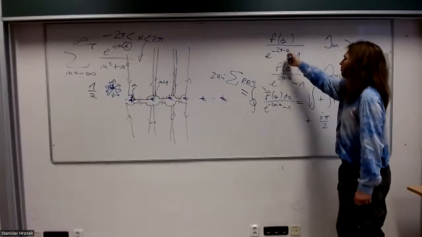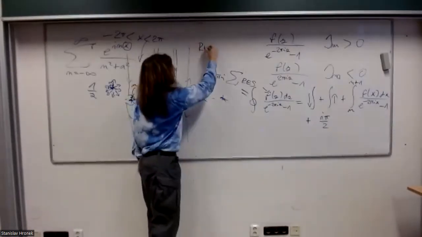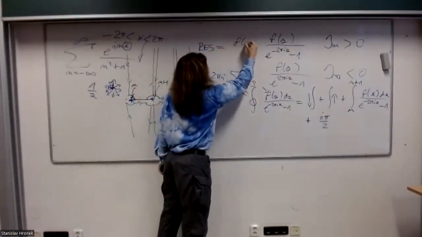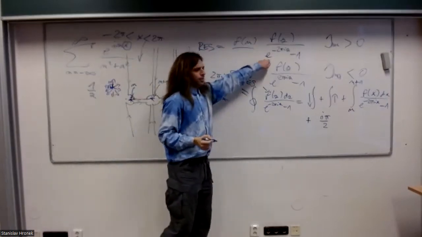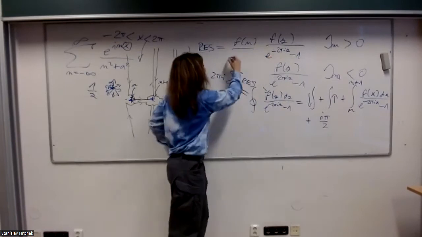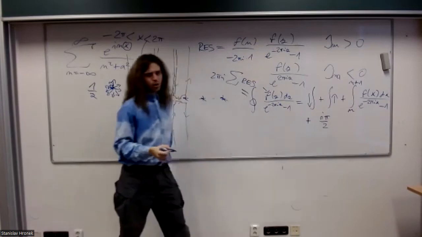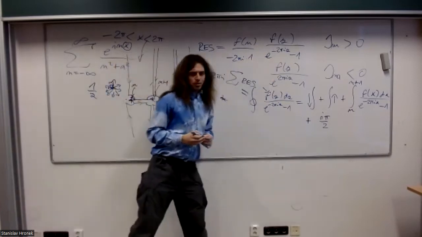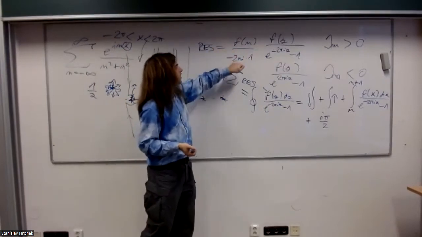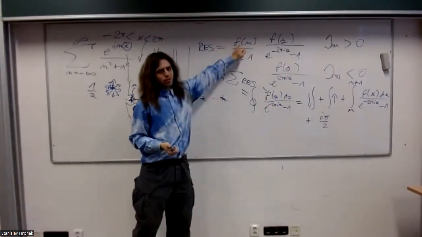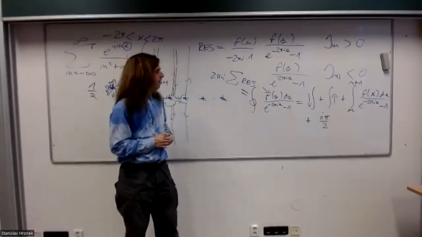We could just differentiate the denominator, and we will find that the residue is just f in the particular point over the derivative. And while we differentiate it, we get minus 2 pi i, and then the exponential, which gives 1, and the 1 goes away because it's a constant. So when we make it a residue, we get just the value of the function in that particular point divided by minus 2 pi i.